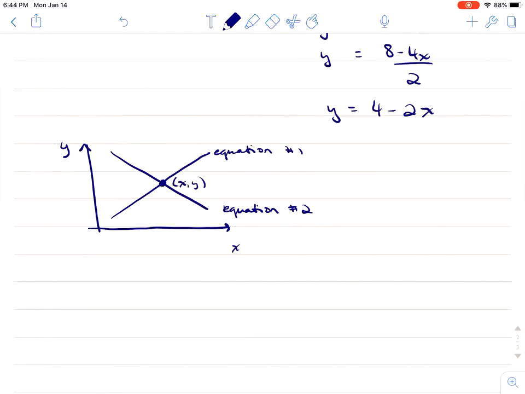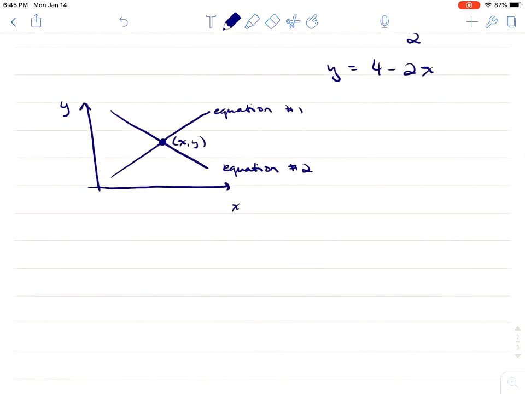at this point where they intersect, we've got an x coordinate and a y coordinate. And at that single point, we've solved both equations, because that point is true on this line, but it's also true on this line. So this xy coordinate solves both equations at the same time.